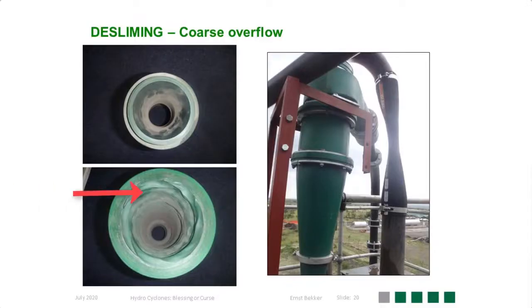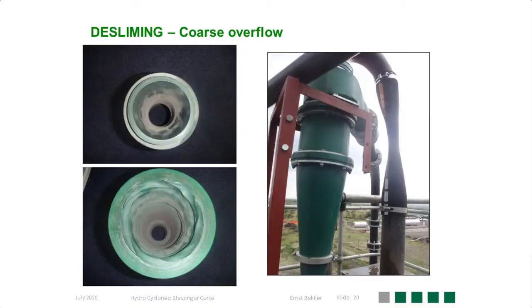That now creates a problem. Material flowing down the cyclone gets deflected by this ridge, and it's carried back into the cyclone via the air core movement. This rotational movement of the coarse material has resulted in high wear, as can be seen by the strange shapes on the cone of this hydrocyclone.